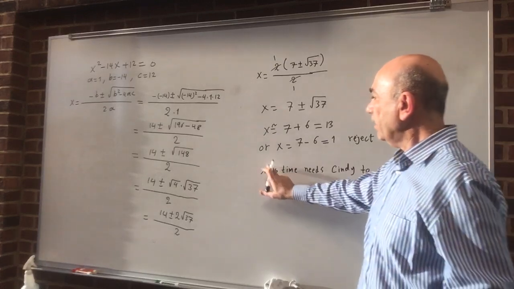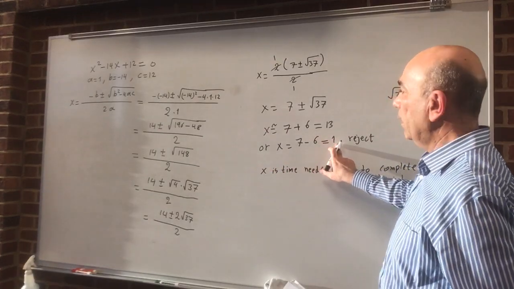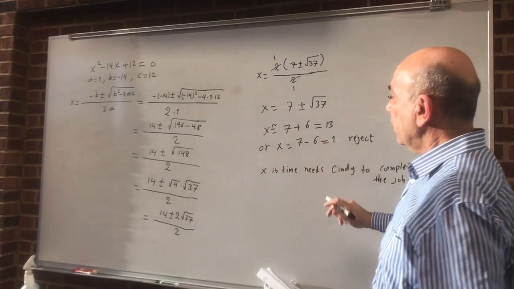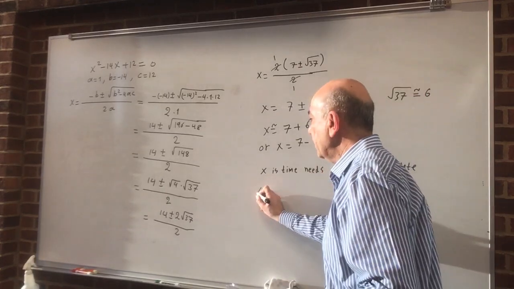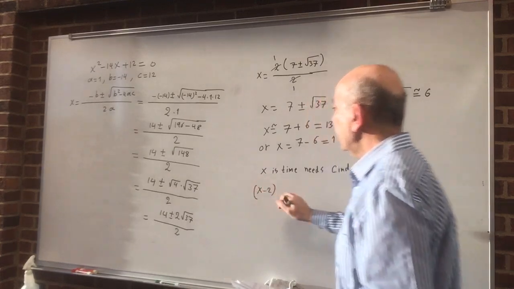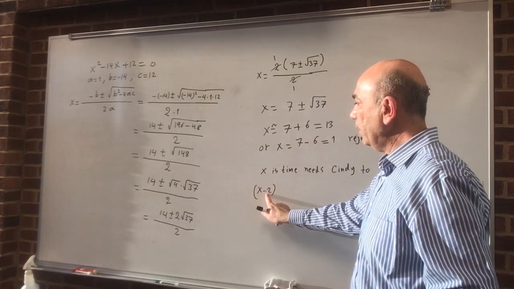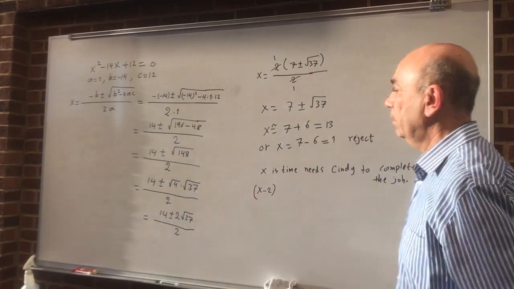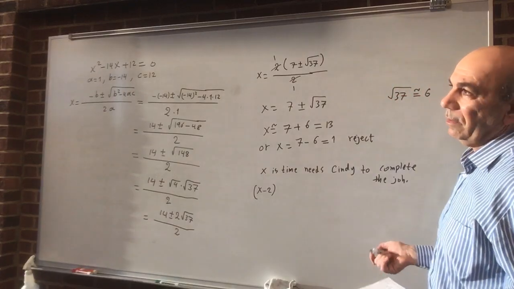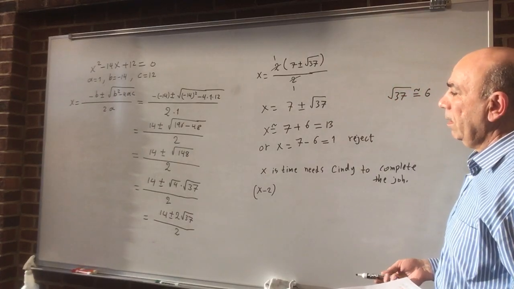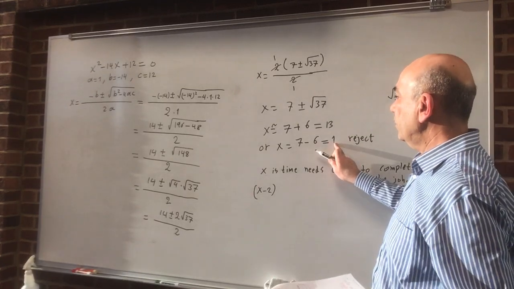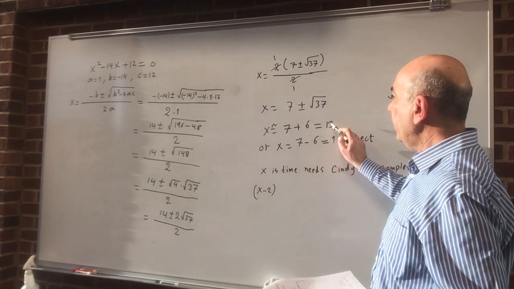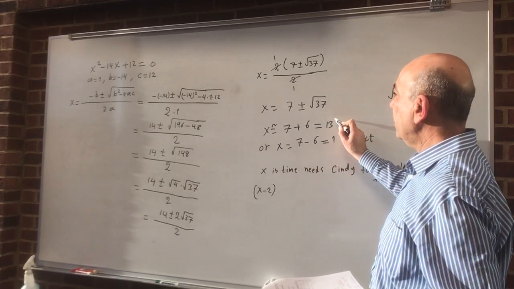The time that Mary needs is x minus 2. So if x equals 1, then 1 minus 2 gives a negative number, which is impossible. That's why we reject this solution. Here we accept this one, so the solution is 13.